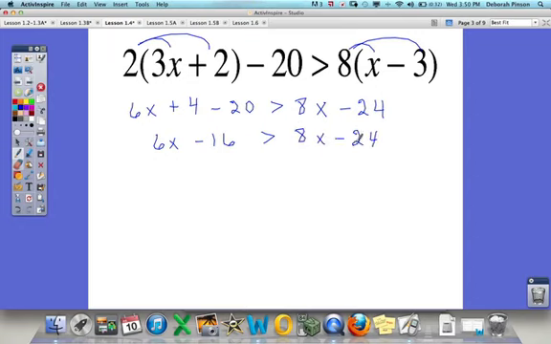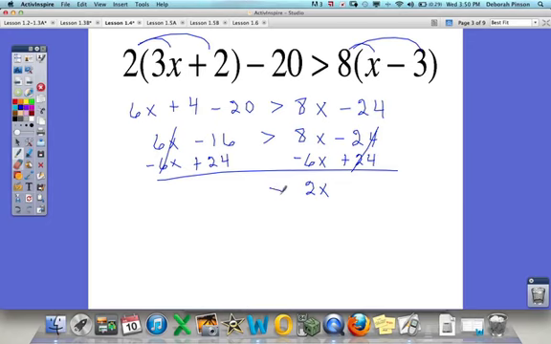And then basically I'm back to where I was before. So I'm going to group my x's together. So I've got 2x. While I'm at it, get that 24 out of the way. So over here, I have 8. And then divide by that 2.